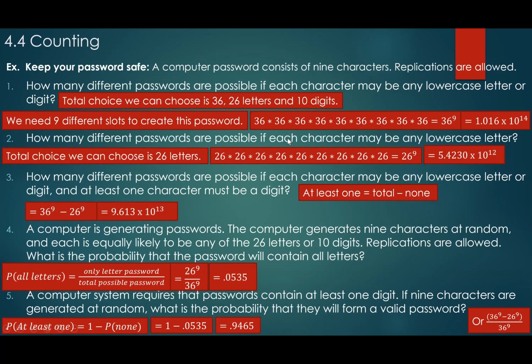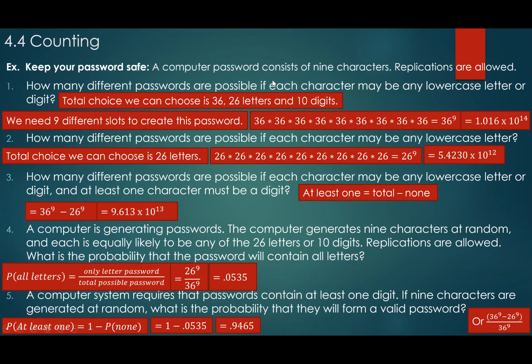Yes. I'm still a little confused on question 1 because it doesn't say anything about 36. I just don't understand how you got the total of 36, because it just says how many different passwords are possible if each character may be any lowercase letter or digit. It says letter, meaning how many letters are in our alphabet? 26.